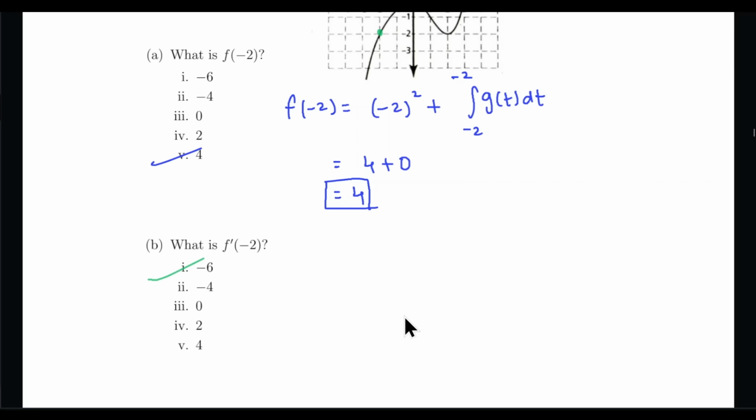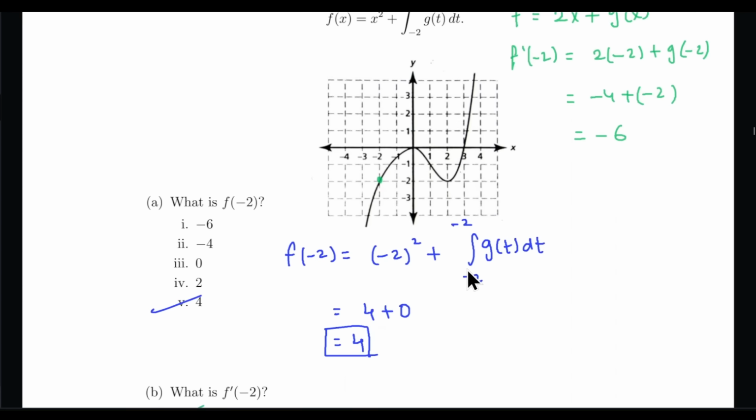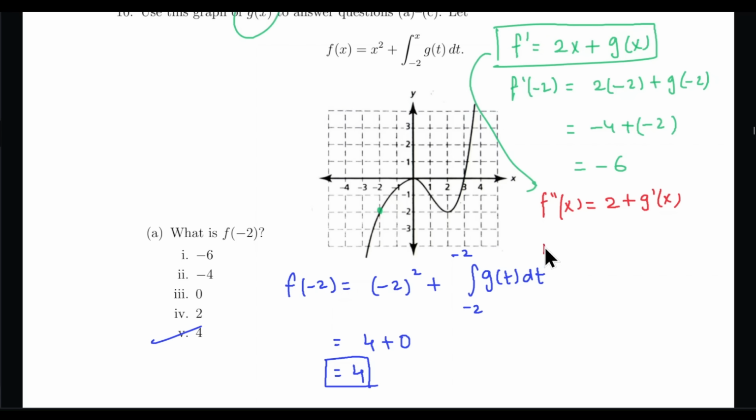And yes, indeed, we do have that in the options, so it should be option 1. And f''(2), not negative 2, f''(2). So we'll just borrow f' from here and differentiate it once again. f''(x) will be 2 from 2x, and g(x) becomes g'(x). They are looking for f''(2), which is 2 plus g'(2).